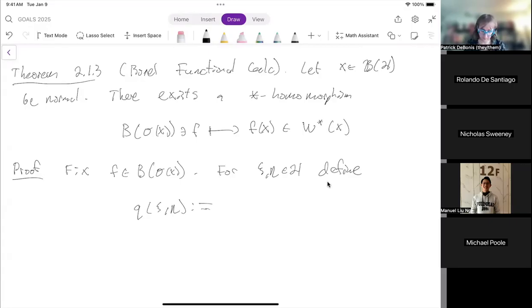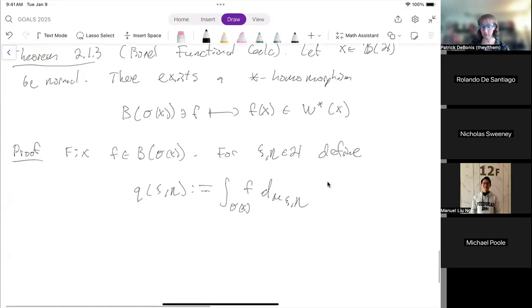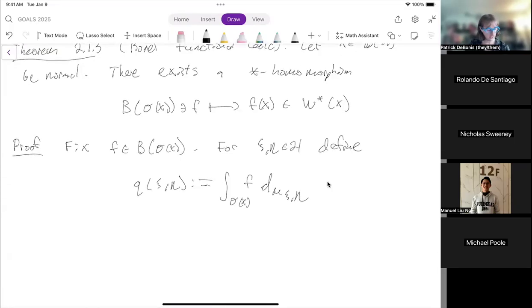Define this function to be the thing we know about already, which is integrating a Borel function against the measure. That's the whole point. That's what we know about the Borel functions.